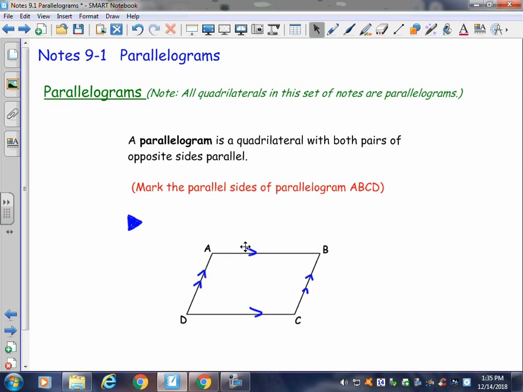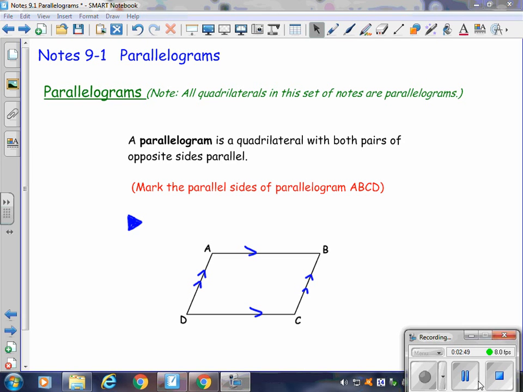Notice I did them differently because I wanted to say what was parallel and what was not parallel. So again, these are parallel line symbols. You draw arrows to show things are parallel, and you can color the arrow in, or you can just leave it like a greater than or less than. And since we had two sets of parallel sides, I used two arrows on the ones that were going a different direction. So please draw this on your notes.